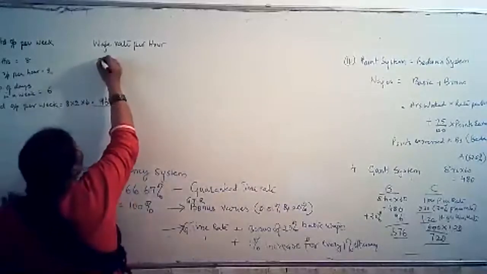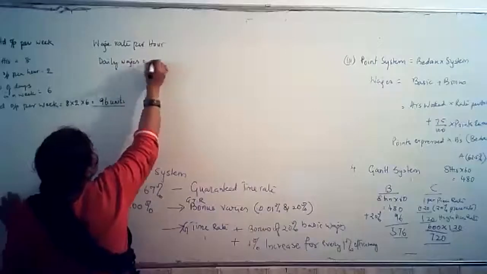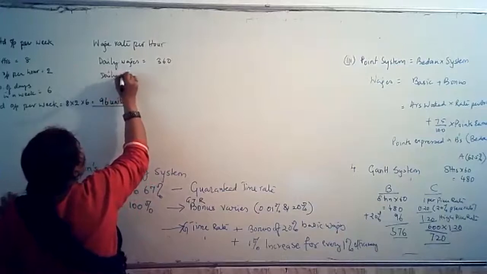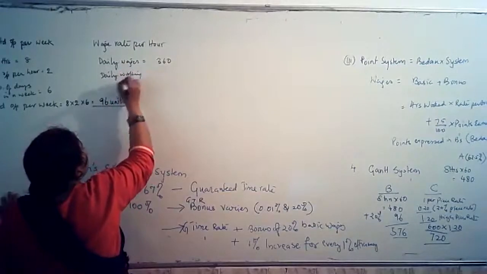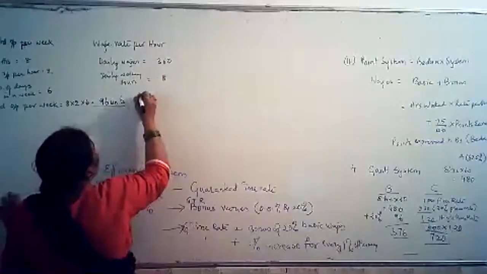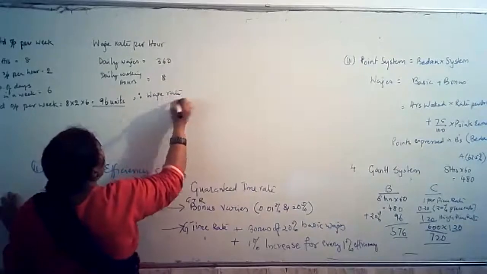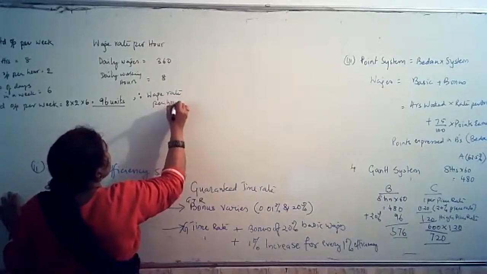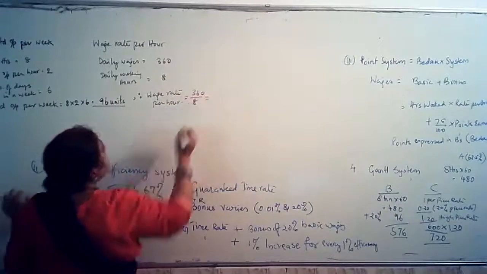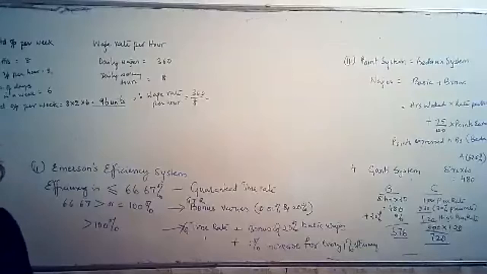So daily wages is equal to 360. Daily working hours is equal to 8. Therefore wage rate per hour is equal to 360 divided by 8. This is how you need to calculate wage rate per hour.